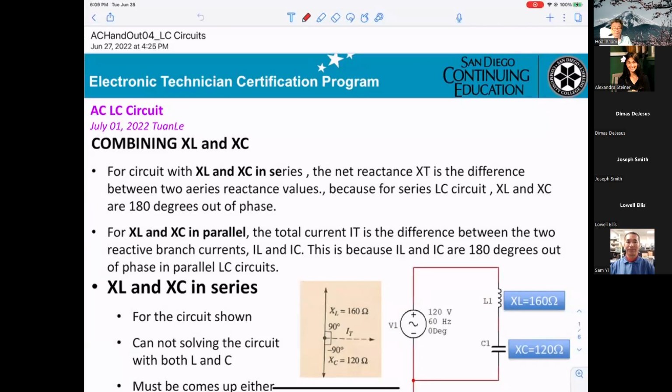So let's see what's next. Now we'll be learning only L and C in series, then L and C in parallel. And the next meeting will be RLC in series and RLC in parallel.